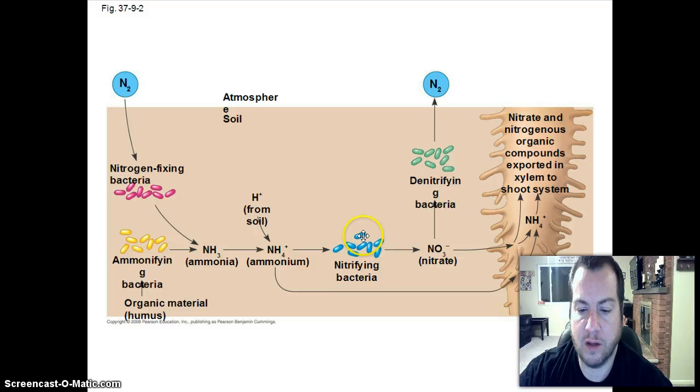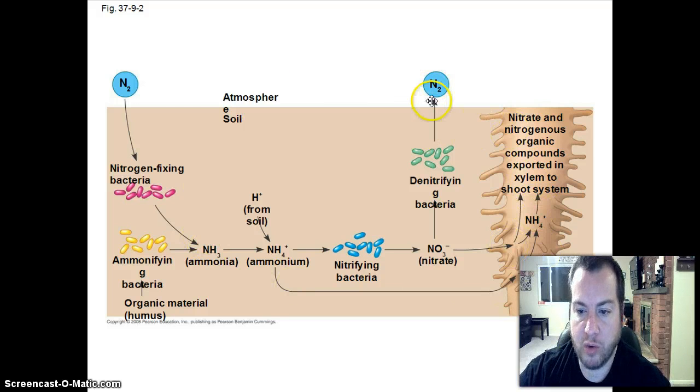Ammonium can also be converted by nitrifying bacteria into nitrate, which can be taken up by plants. I think we've already seen this before, so this is review. And then nitrate can be denitrified by a third type of bacteria that converts that back into nitrogen gas, so we have the full cycle here.